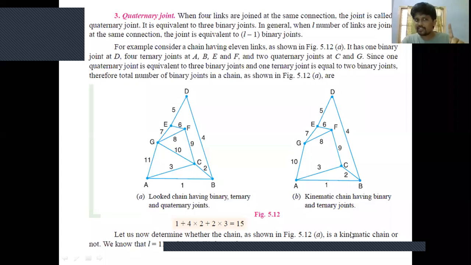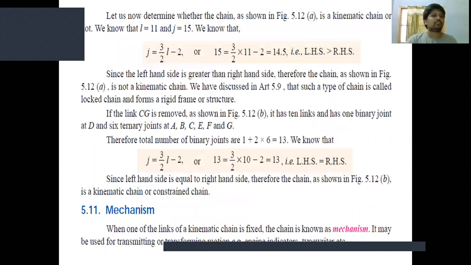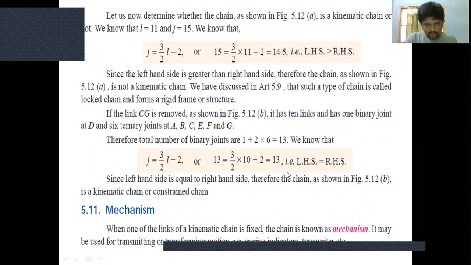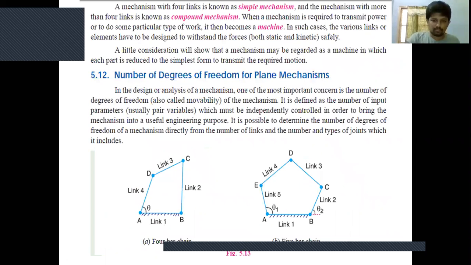Before, one ternary is equal to 2 binary joints. Here, one quaternary is equal to 3 binary joints. Okay, please go through it. You will understand it very easily. In the next class, we will define what is a mechanism and what exactly the degree of freedom is.